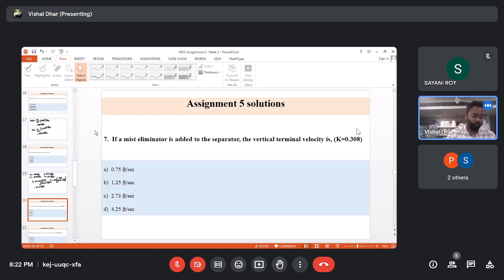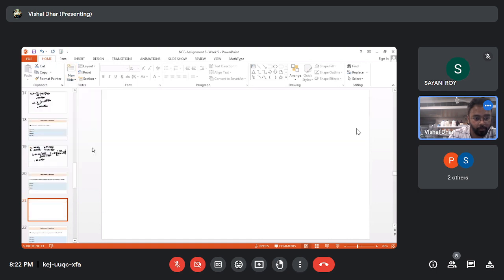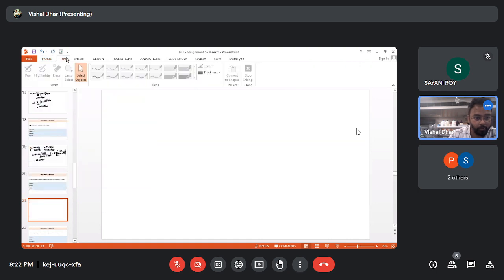Okay, let me just solve it directly without wasting much time. So for finding the terminal velocity, the formula is k equal to the square root of density of liquid minus density of gas divided by density of gas.